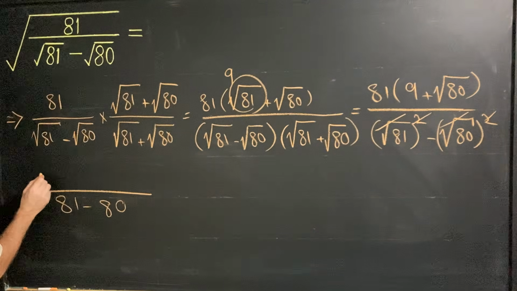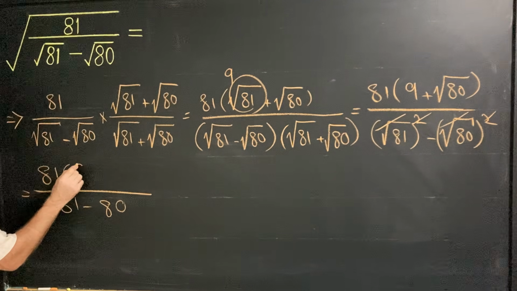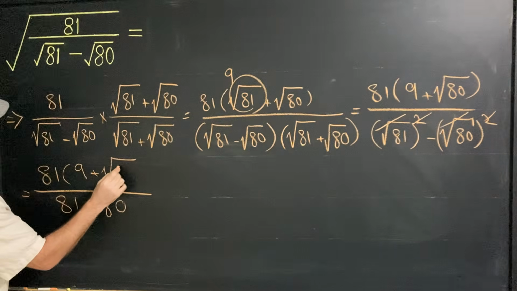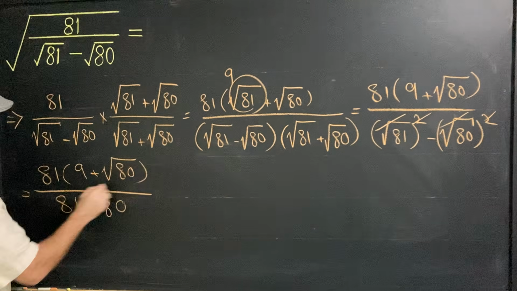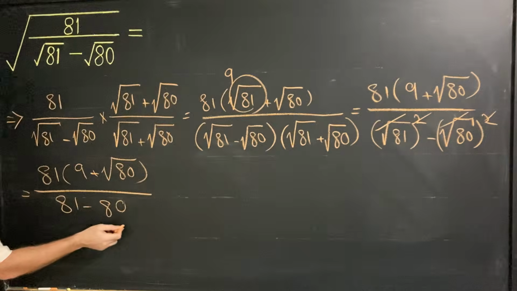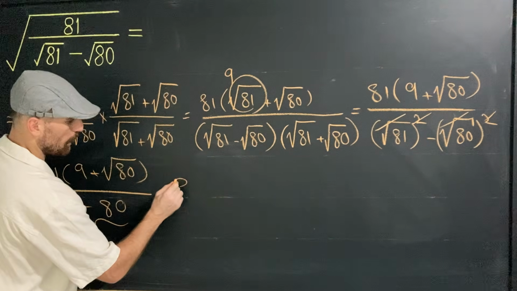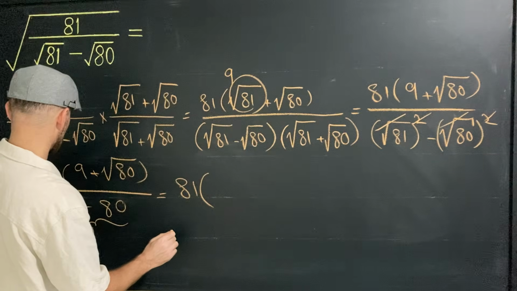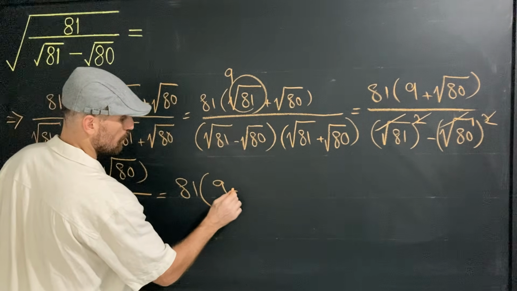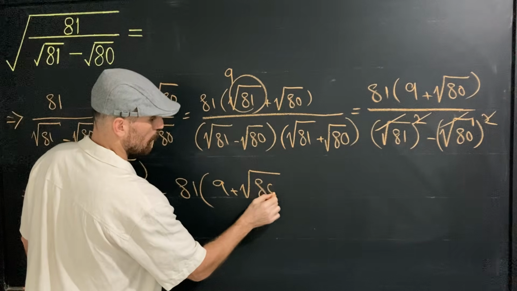On top we have 81 times 9 plus second root of 80. Let's see, what do we have? 81 minus 80 is 1. So our inner part is going to be 81 times 9 plus second root of 80.